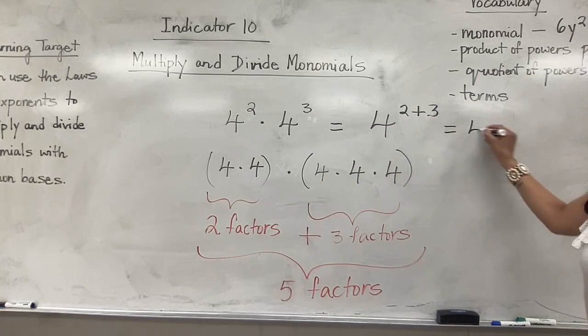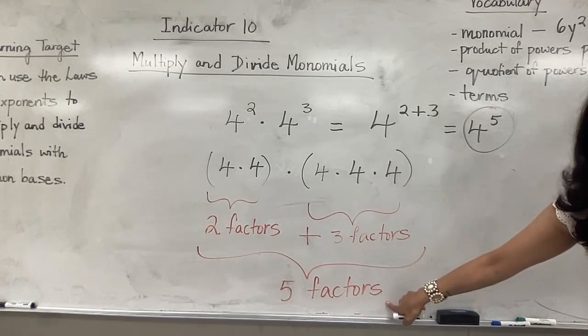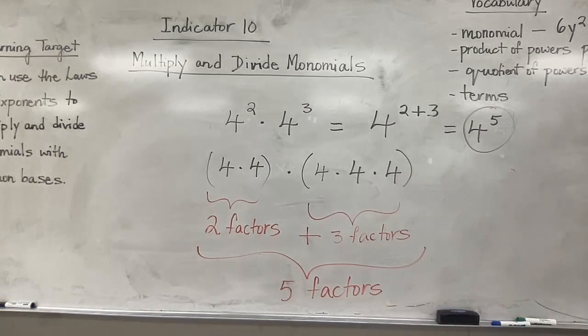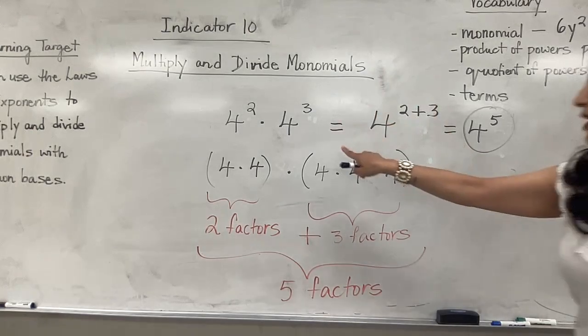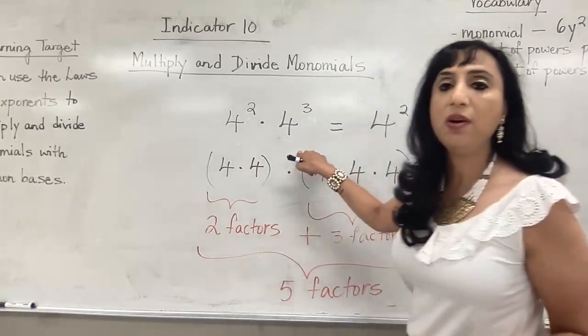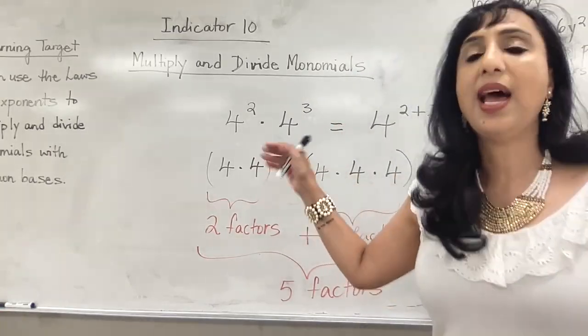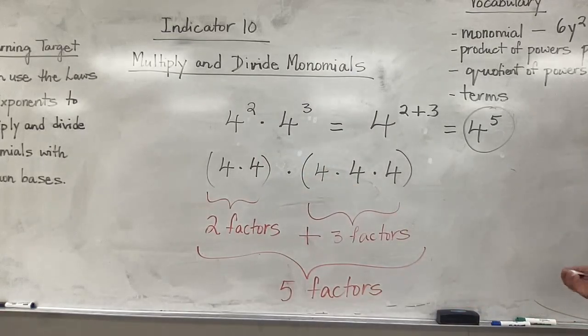I am going to get 4 to the 5th power. Look, 5 factors. So you can multiply powers with the same base by adding the exponents. When I have 4 and 4, it is the same base, so all I do is take the exponents and add them up. So then I get 4 to the 5th power.